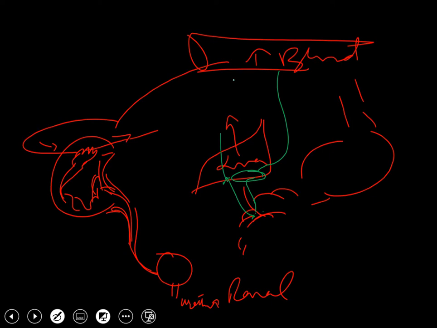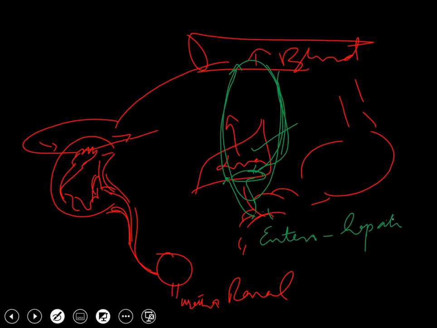So it reaches the blood circulation as well, and there is a circulation like this. This is the intestine, so it is named entero, and passing through the liver, it is called hepatic circulation.